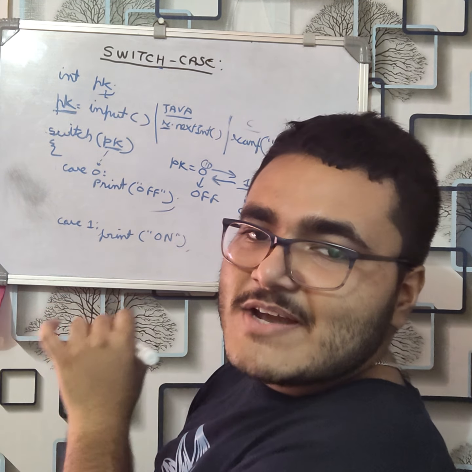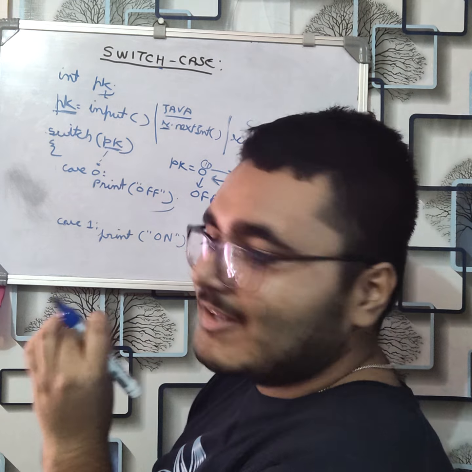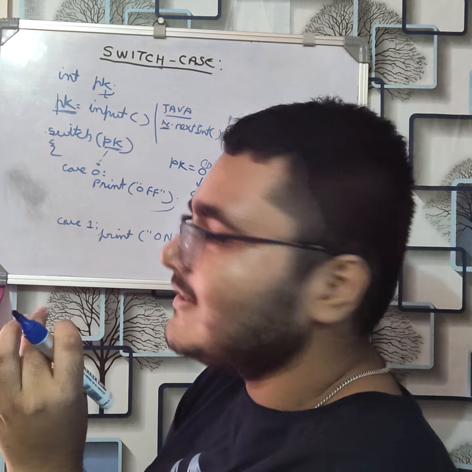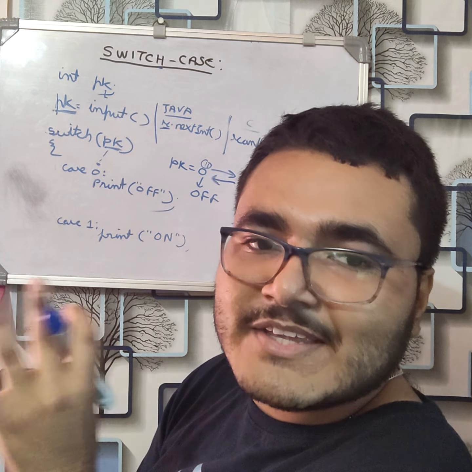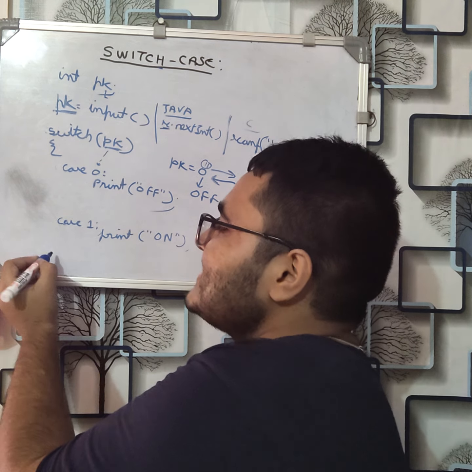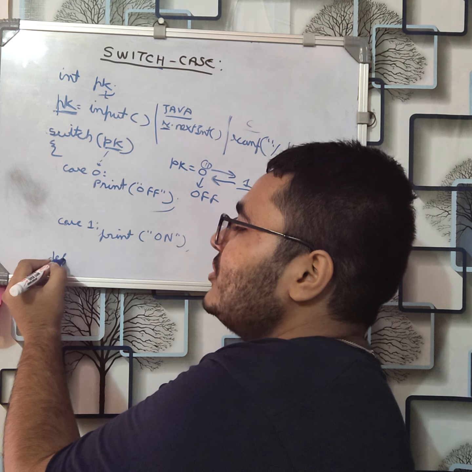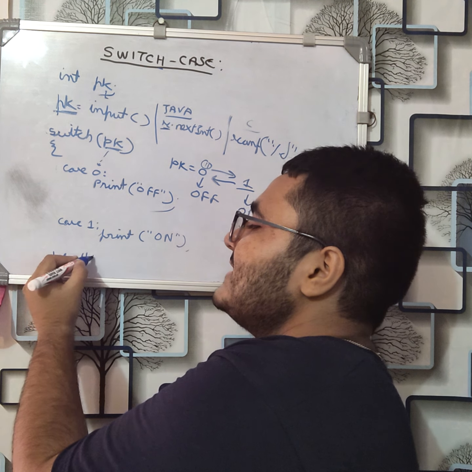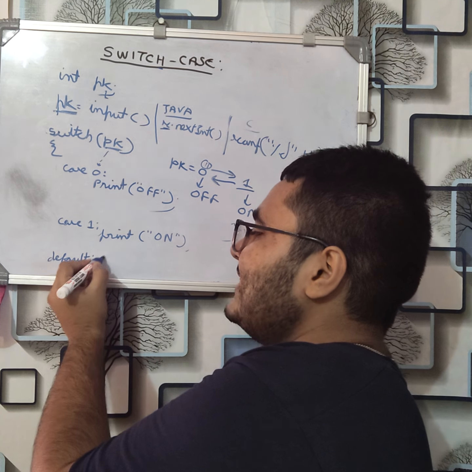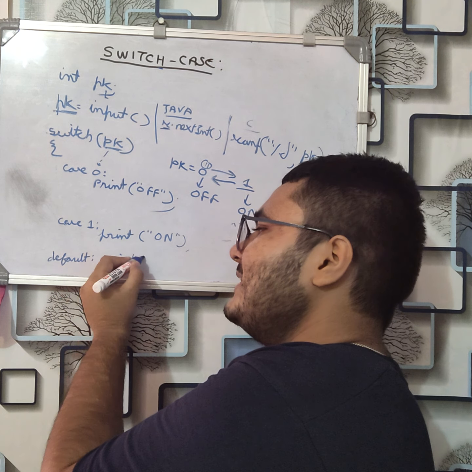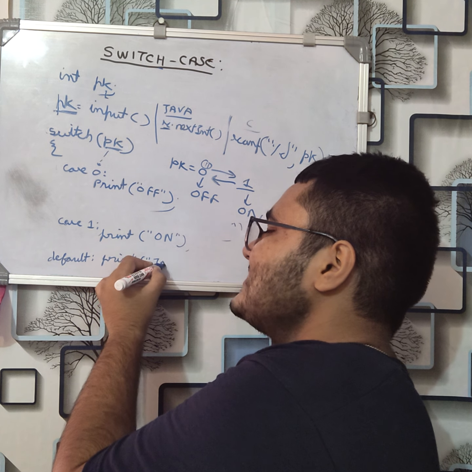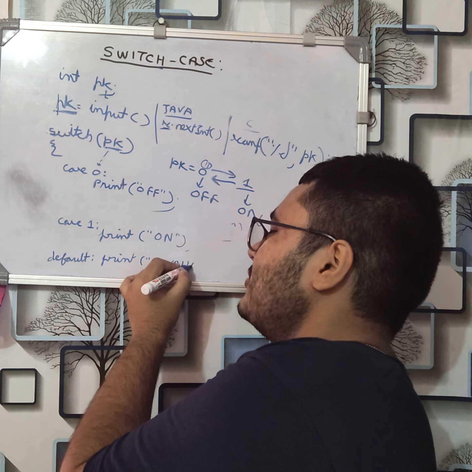Otherwise, if the user gives some value other than 0 and 1, we have a default case, which we write as default, and in that case print, suppose, invalid: the input given is invalid.